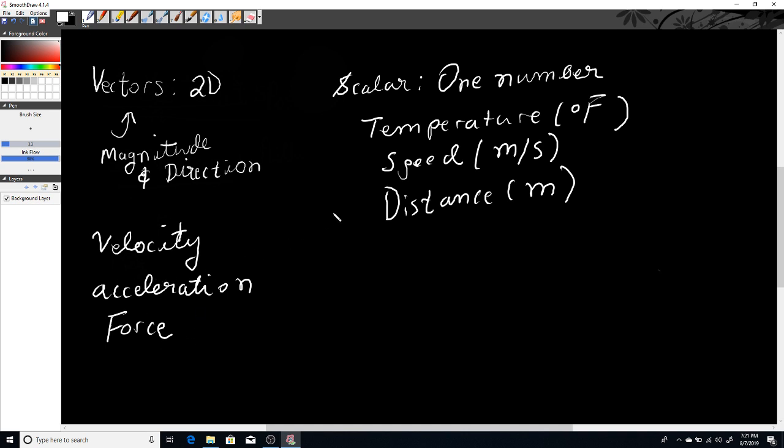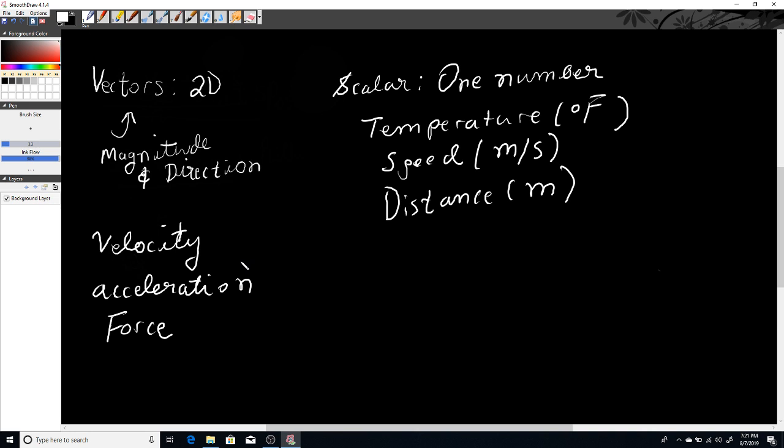What makes them different from scalars is that these quantities require both a magnitude and a specified direction. So you'd have to look at them also in terms of north, south, east, and west, not just simply what their magnitude is.